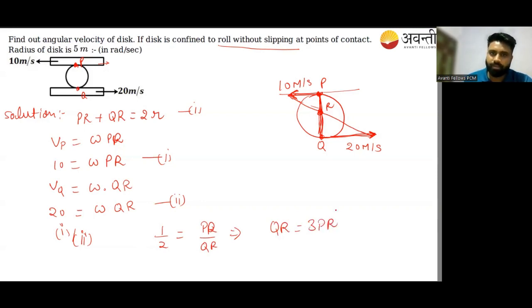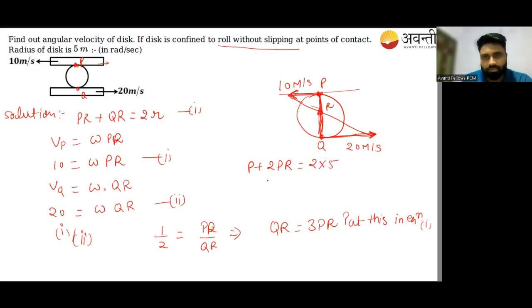Okay. Now put this value in equation number 1. What you will have? PR plus 2PR is equal to 2 times the radius, which is 10 meter.